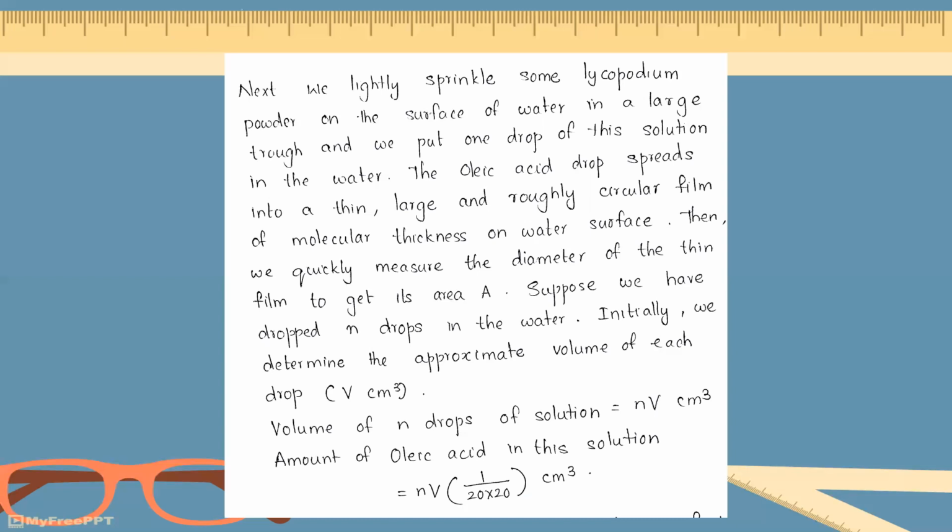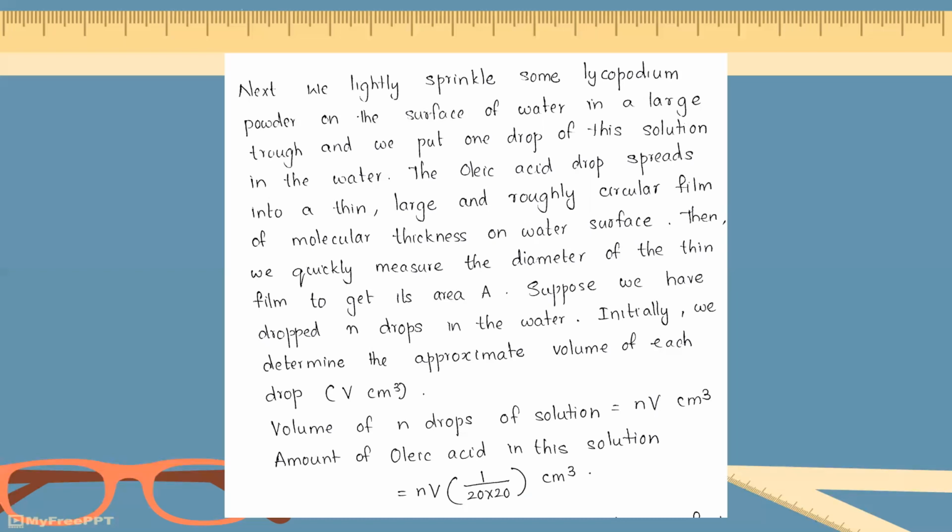Just now I told you, like you can see oil drops on the surface of the water, we can clearly see they will be in circular form. In the same way, this oleic acid solution, you have put one drop on top of the water, and it spreads into a thin, roughly circular film, and it will be a large one. What will be the thickness of this film?